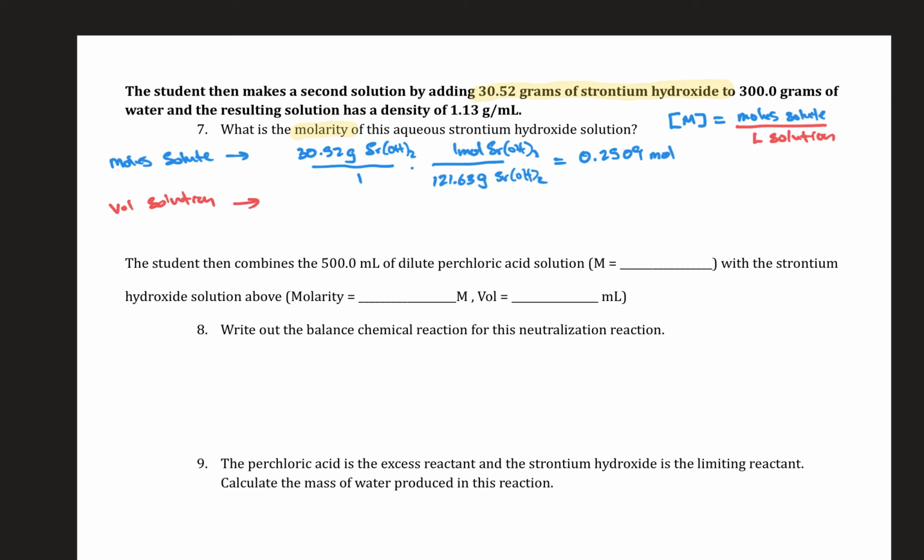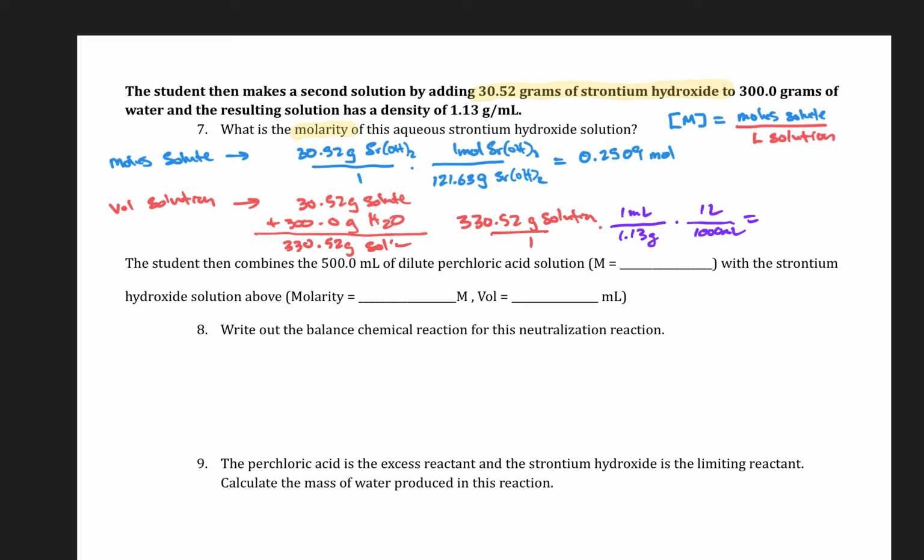To find the volume of the solution, we need to find the mass of the solution and then convert that into a volume in liters. So our 30.52 grams of solute plus our 300.0 grams of solvent, which is water, gives us a solution mass of 330.52 grams of solution.